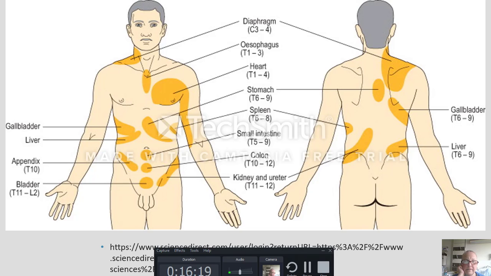The spleen's on the left side, right under the ribs. The gallbladder would be on the right side. The liver would be on the right side. Small intestine, colon, kidney, ureter, can't say that word, appendix, and bladder.